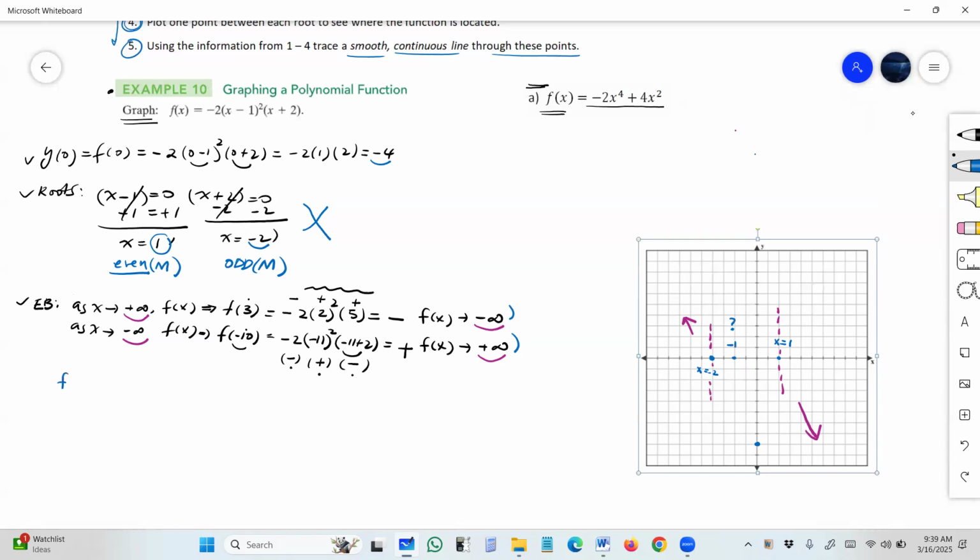This is my extra point. I'm going to find out what f of -1 is. So I go into the original function, -2, -1 minus 1 squared, -1 plus 2. So this is -2, this is -2 squared, which is 4, and this is +1. So this is -8.